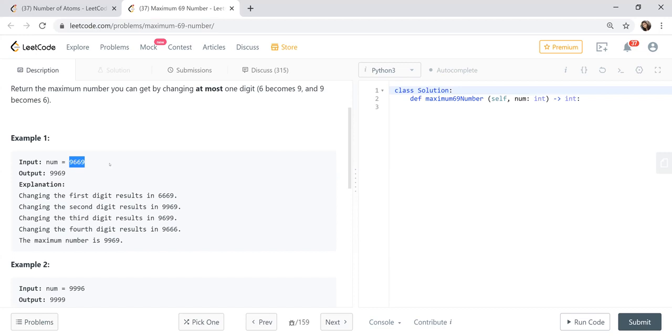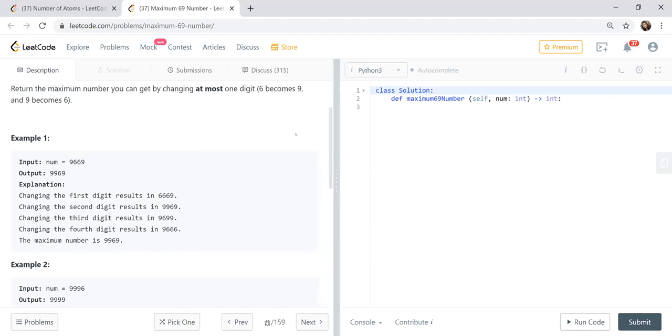Whenever we see a 6, we should convert it to 9. Is it like that? Yep. I was just trying to rephrase it. So based on the requirements, whatever is the 6 on the leftmost, switch that to the 9.